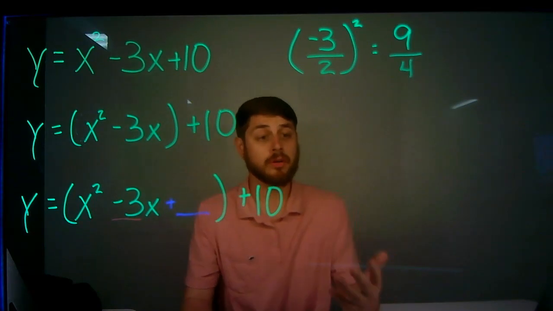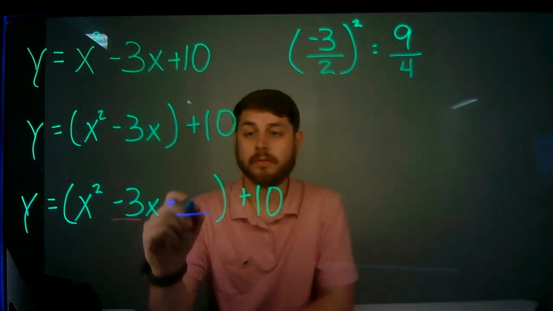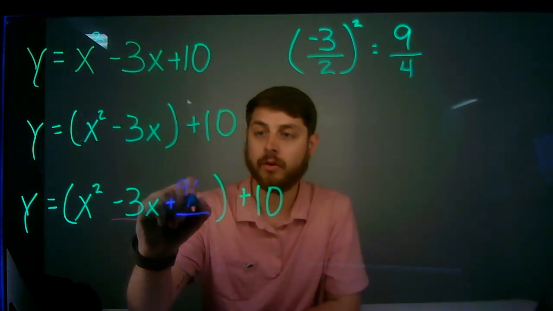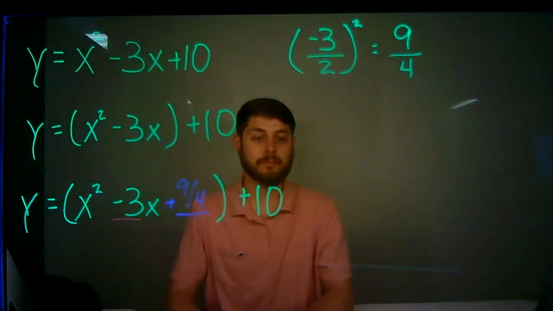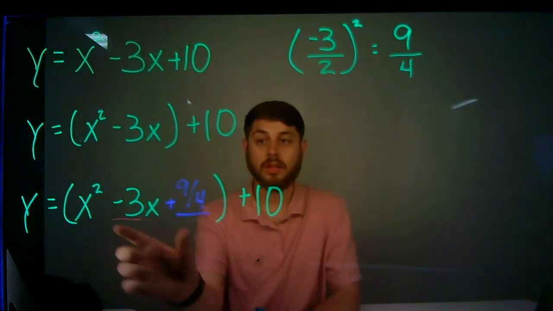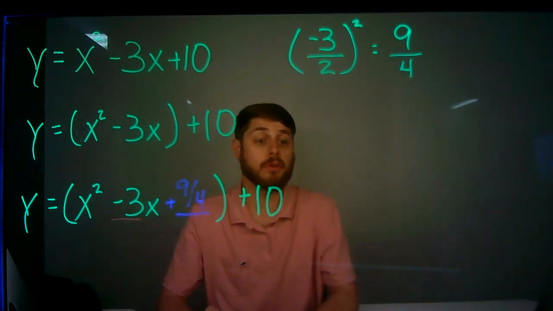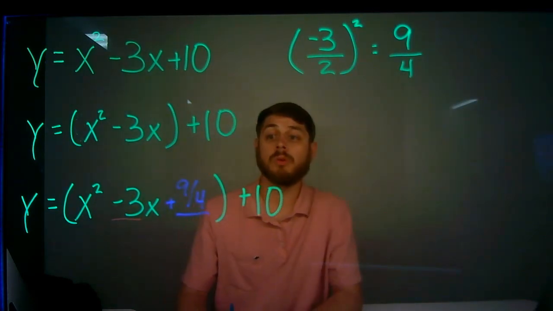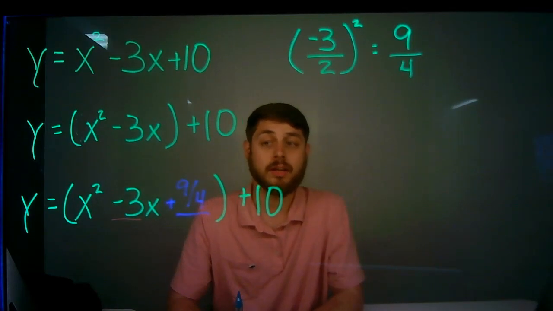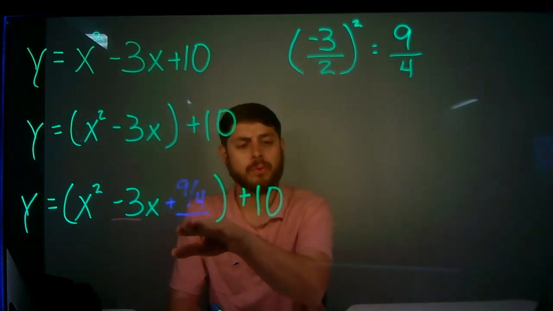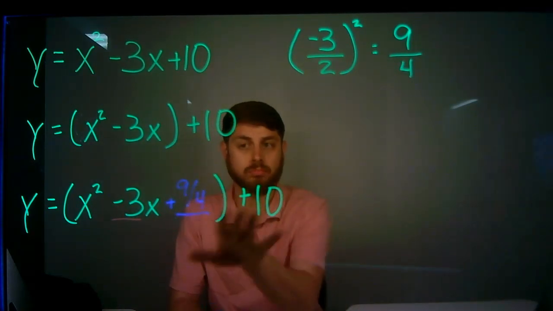So my magic number that's going to go here is 9 over 4. Now this part in parentheses is a perfect square trinomial, which we're going to factor in a second.